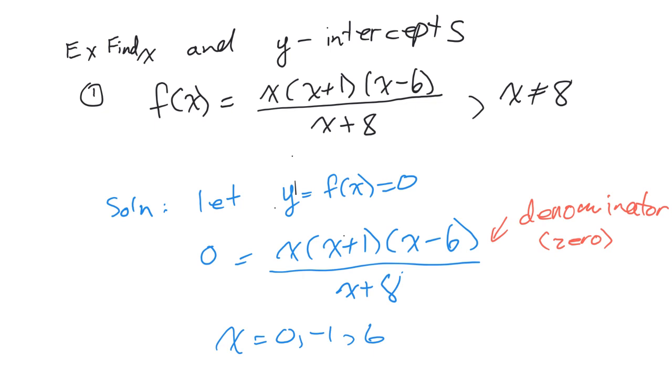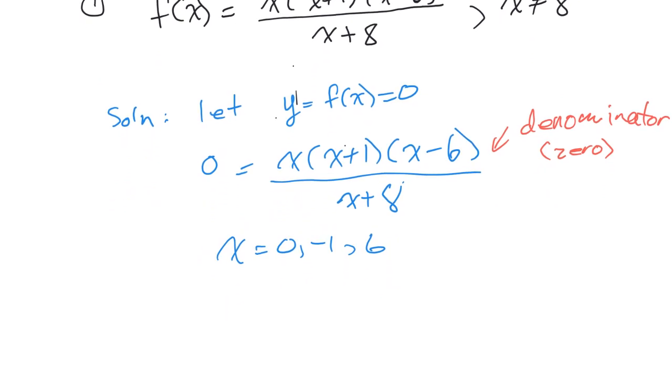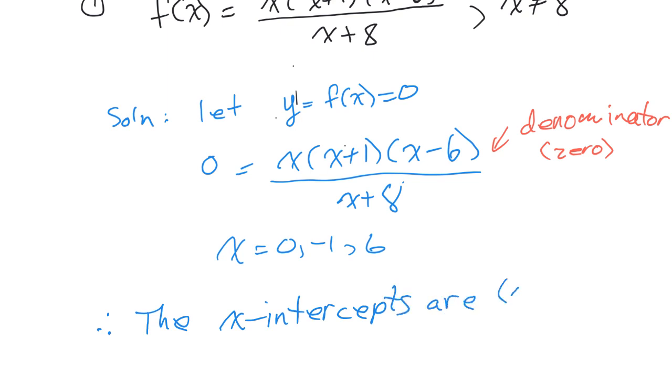Okay? So now we'll go and try to find the y-intercepts. You know what? On second thought, let's go and state what the x-intercepts are. So therefore, the x-intercepts are 0, 0, -1, 0, and 6, 0.